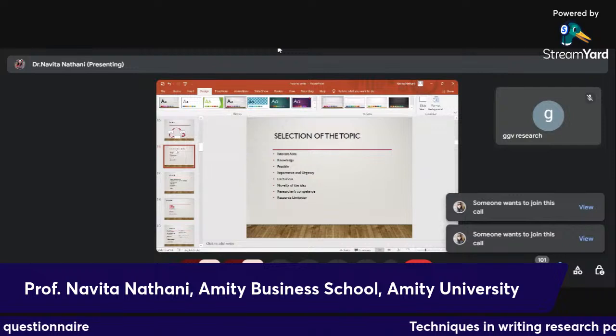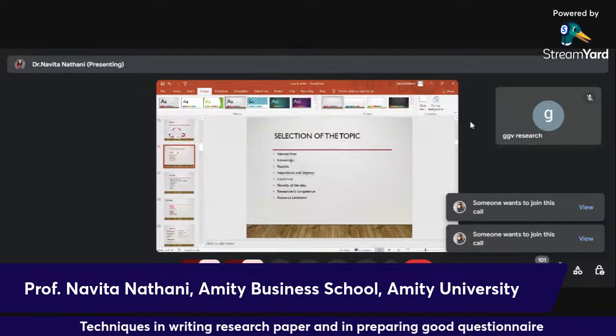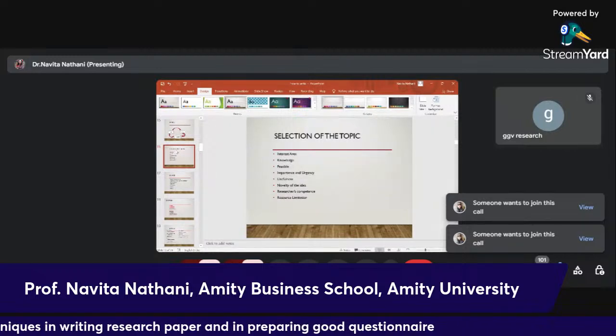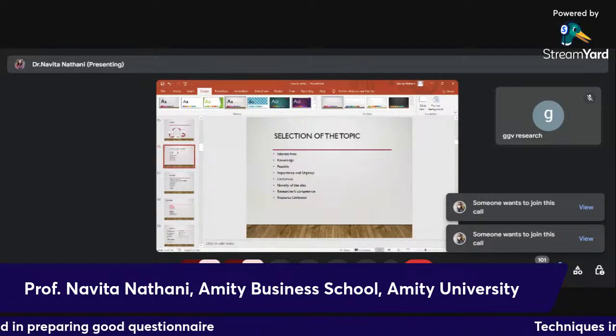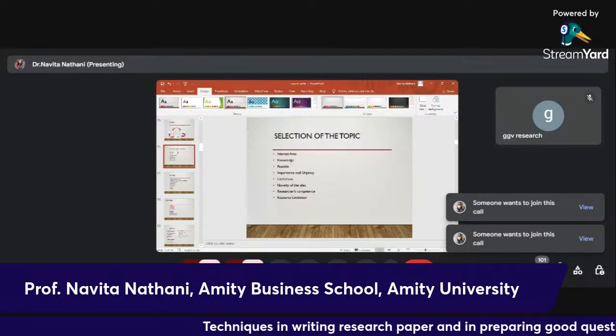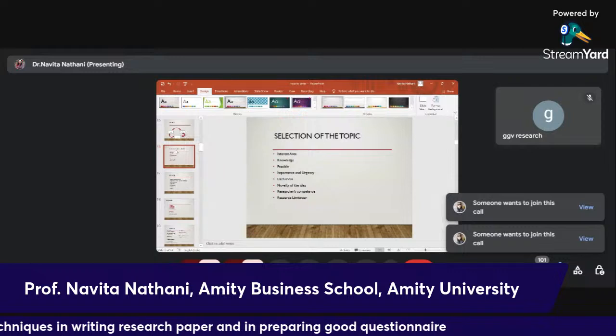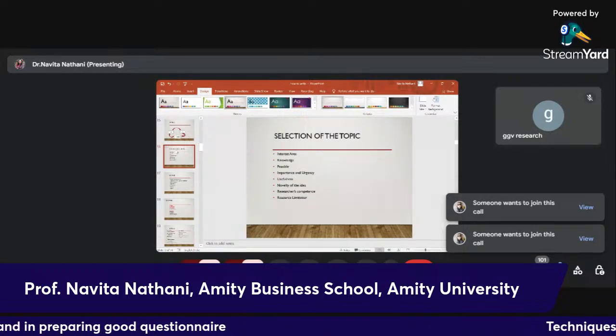In accounts, commerce, or finance, you can do a number of studies based on secondary data. You can relate this variable with that variable, but how is it going to affect society? This is very important. Being a research scholar, we should always remember whether this topic is going to contribute something to society and add something to the existing body of knowledge, and this is how we can come out with novel ideas.